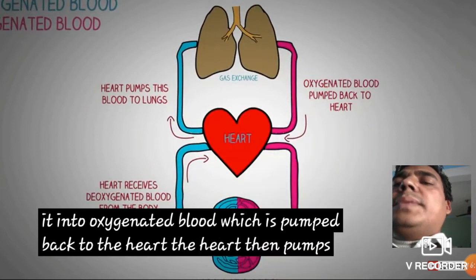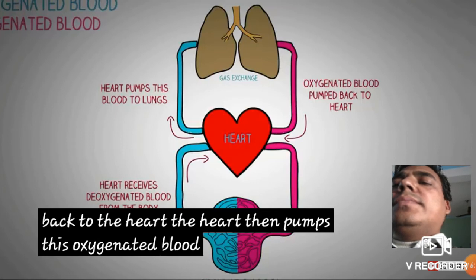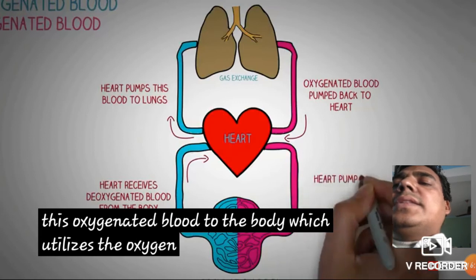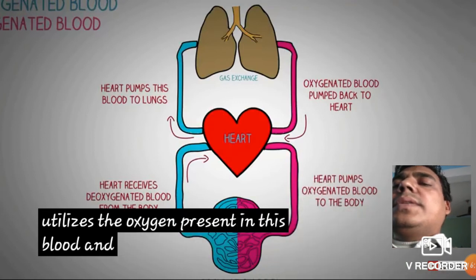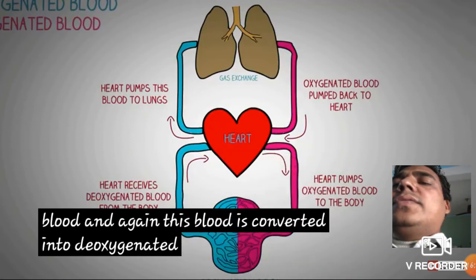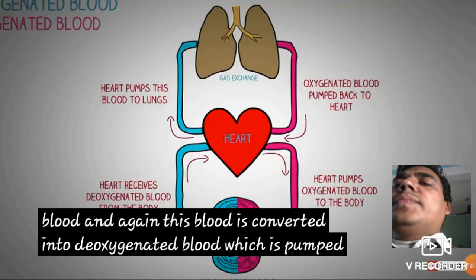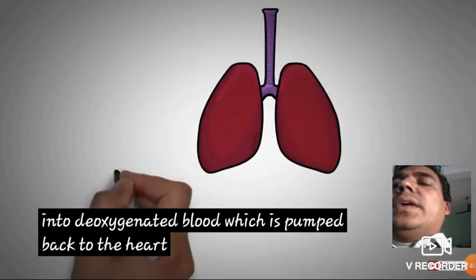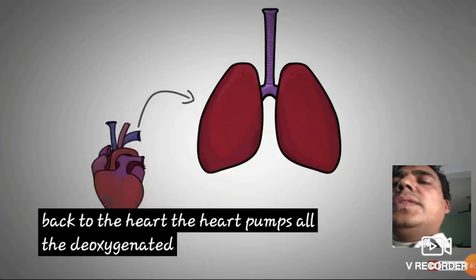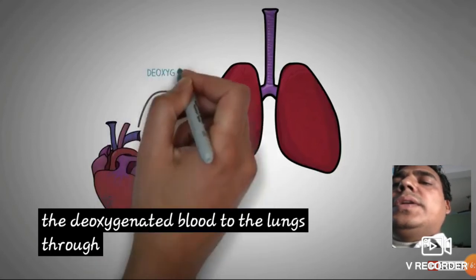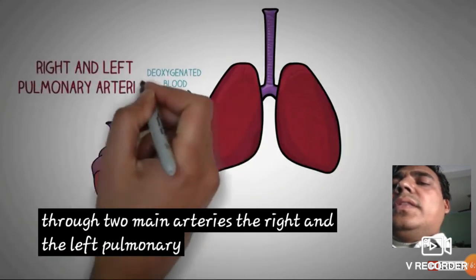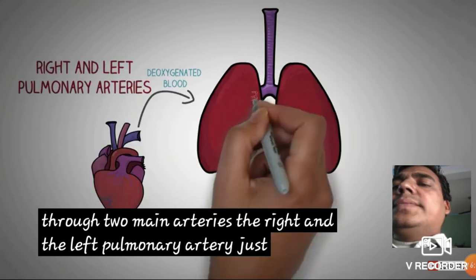The heart then pumps this oxygenated blood to the body, which utilizes the oxygen present in this blood, and again this blood is converted into deoxygenated blood, which is pumped back to the heart. So students, the heart pumps all the deoxygenated blood to the lungs through two main arteries, the right and the left pulmonary artery.